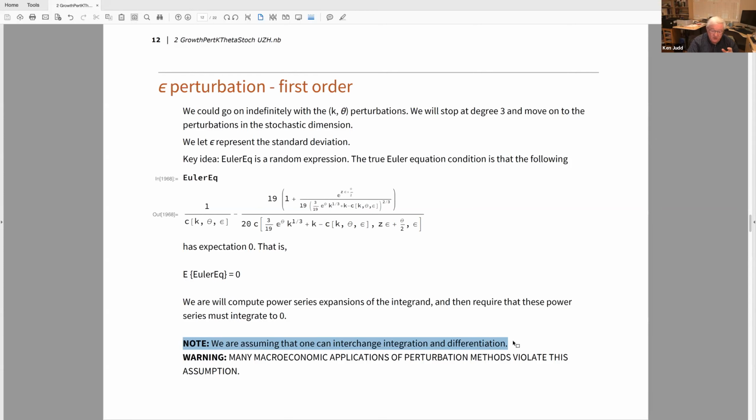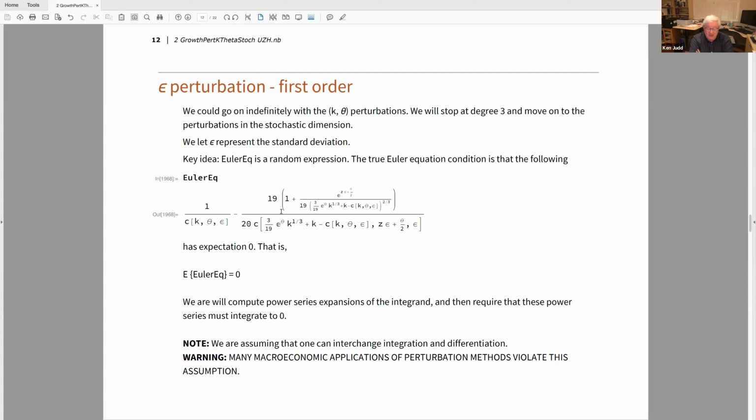And so when you take the derivative of the expectation of this, what we're going to be doing is taking the derivative of the integrand and then integrating that out. So we are interchanging differentiation and integration. Many macroeconomic applications of perturbation methods, even when they try to do things right, violate this assumption.